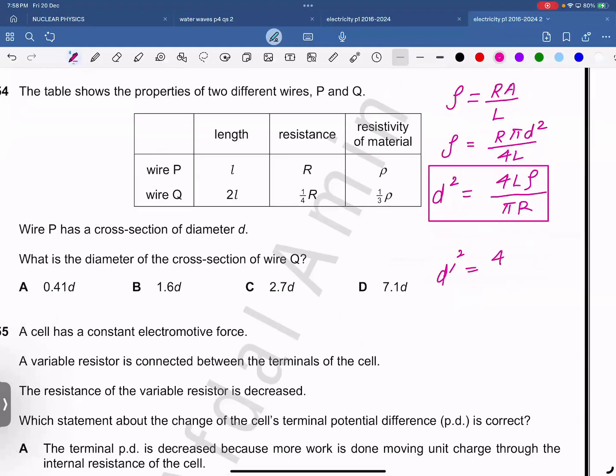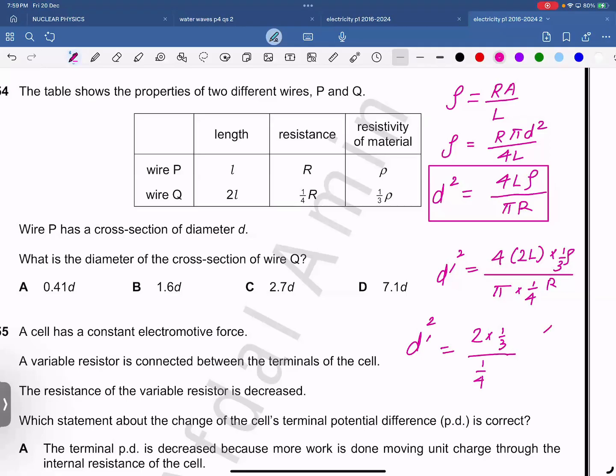Instead of L, I will say 2L. Rho, I will say 1 over 3 rho divided by pi. R, I will say 1 over 4 R. I don't like it. So d dash square will be, just take those numbers out: 2, 1 by 3, 1 by 4.